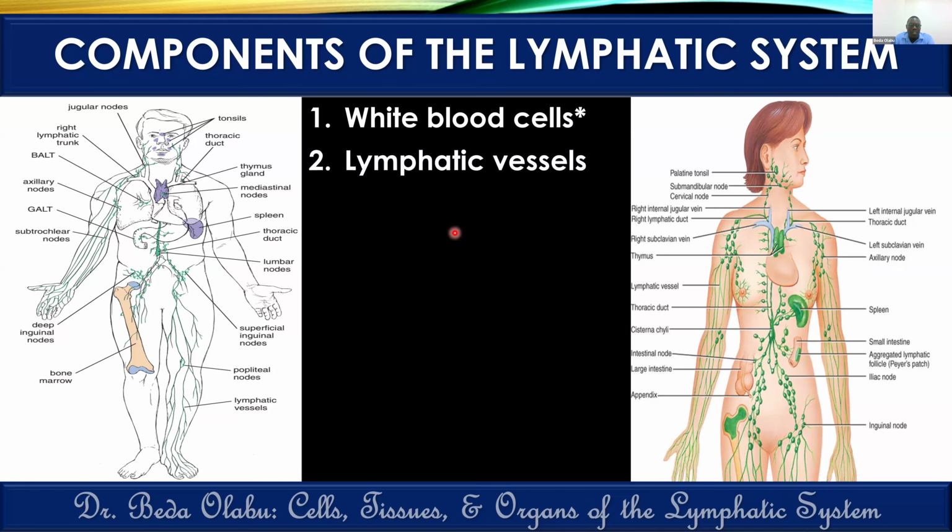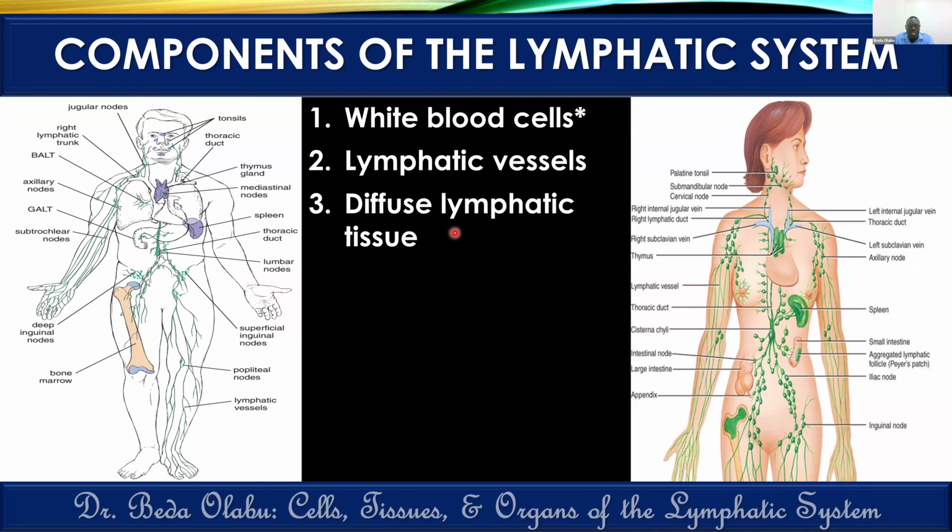We also have lymphatic vessels. The lymphatic vessels carry lymph or lymphatic fluid around the body, from the periphery all the way back to the bloodstream, actually. So these lymphatic vessels are also found all over the body, and we'll be saying something about them.